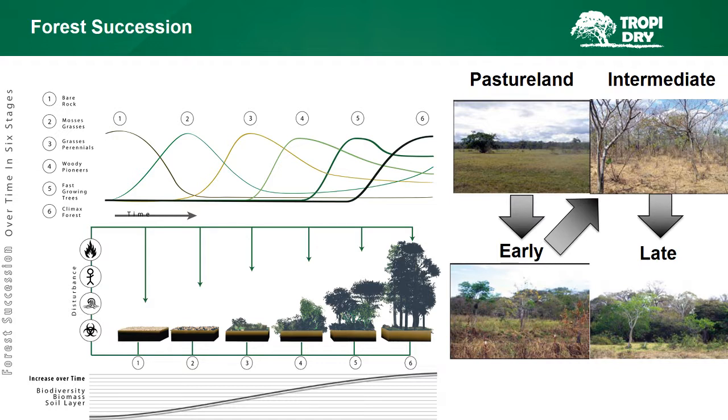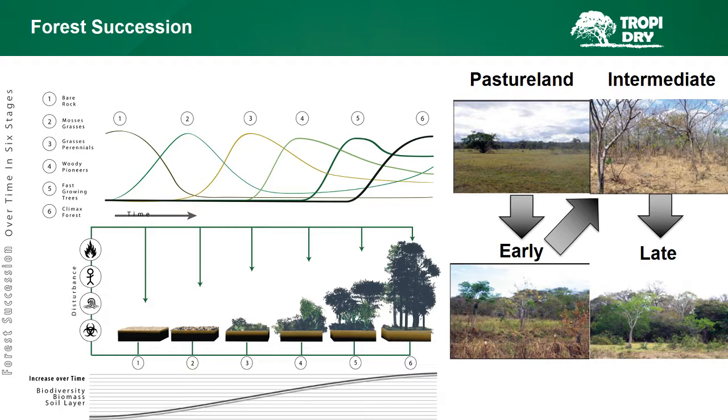So after about 5 to 10 years, when their tree height typically reaches around 10 meters max, they start to transition into these intermediate forests. The intermediate forests are starting to have a more mature canopy. You'll actually start to see lianas or vines start growing on these trees, competing for resources, especially in the dry season when lianas are the most competitive against the trees that they exist on.